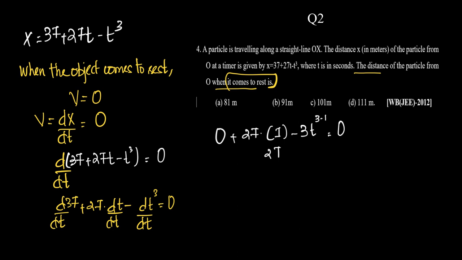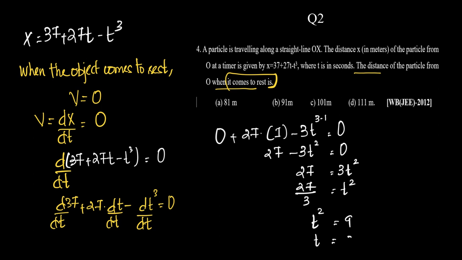So what we get is 27 minus 3t square is equal to 0, and therefore 27 is equal to 3t square. So 27 by 3 is equal to t square, and therefore t square is equal to 9, which means t is equal to 3.